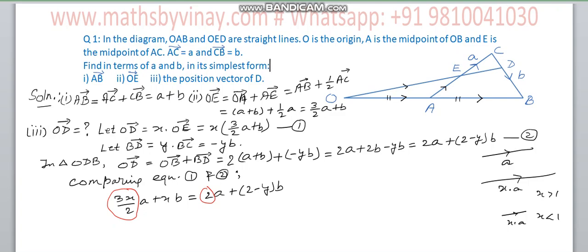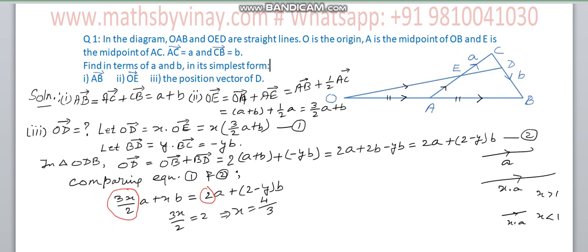But we are not concerned about the value of y, so for the timing we will consider only the first. Comparing, 3x by 2 is equal to 2, so easily you find x, which is 4 by 3.